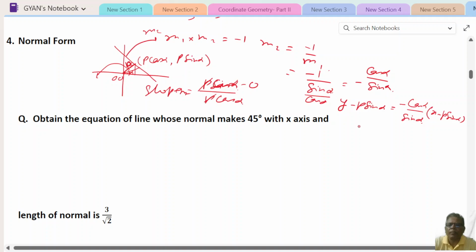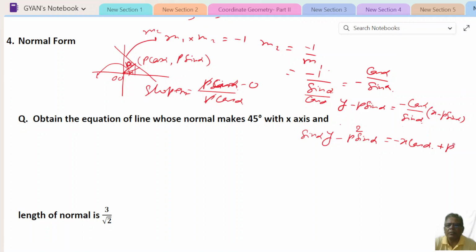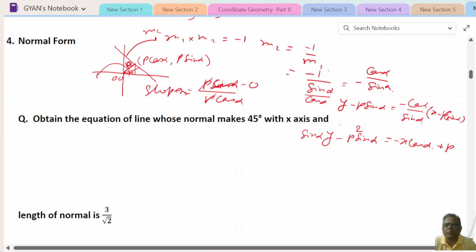So this will become y minus p sin alpha into sin alpha, and this one is sin square, minus x cos alpha minus p cos square alpha.